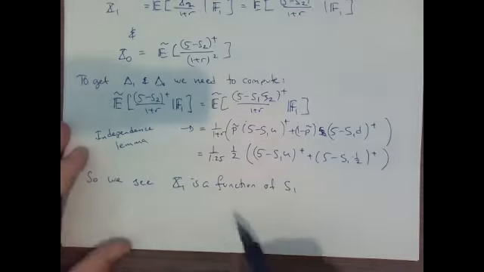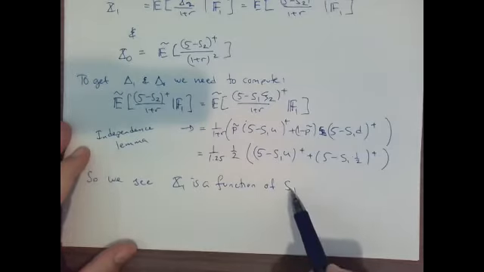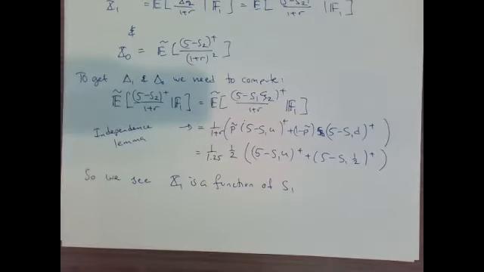In other words, the wealth that you have at time 1 depends upon what the stock price is at time 1. That makes sense too. Okay, so this gives me a formula for X1.